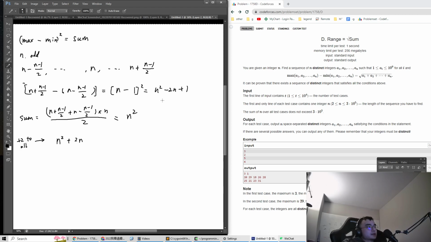So that the left side will become this guy. So this guy is a lot closer to this guy, right? So how do we do that? We can add 1 to the last value of the array and minus 1 to the minimal number of the array.